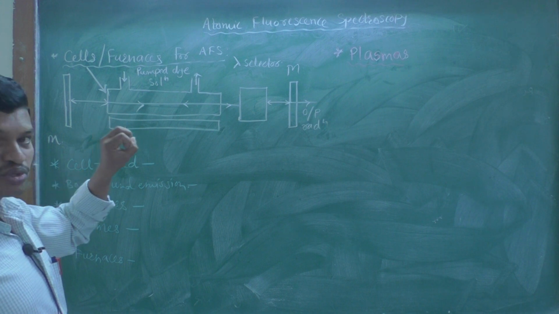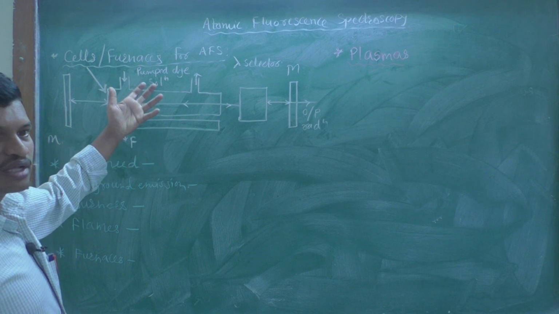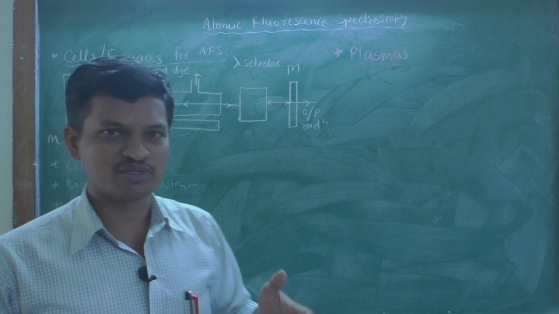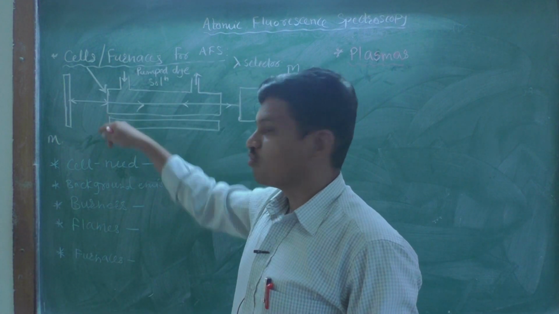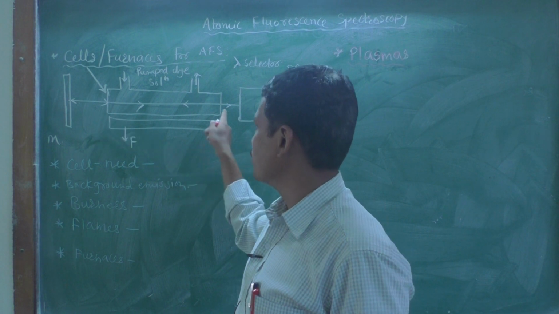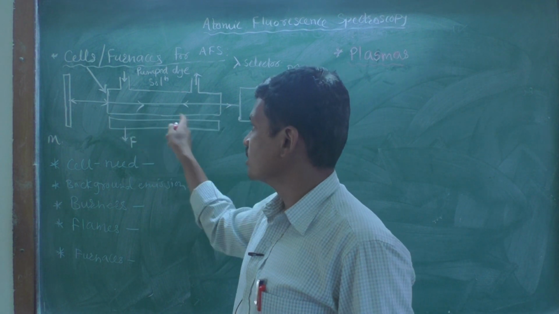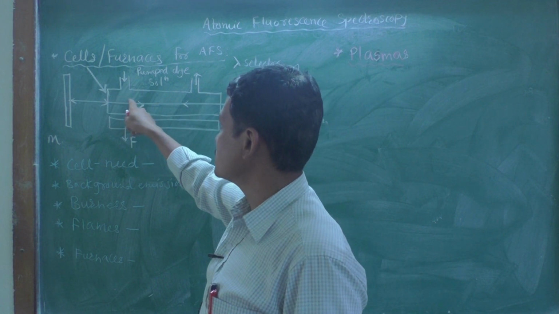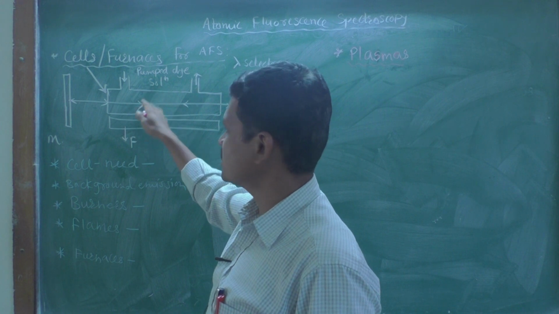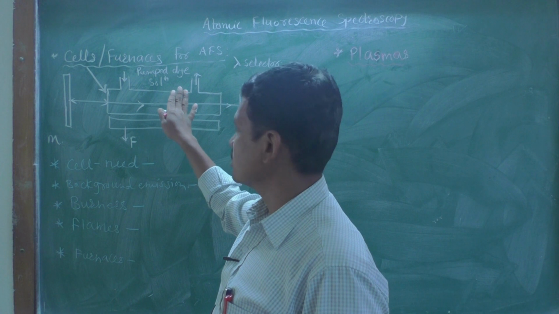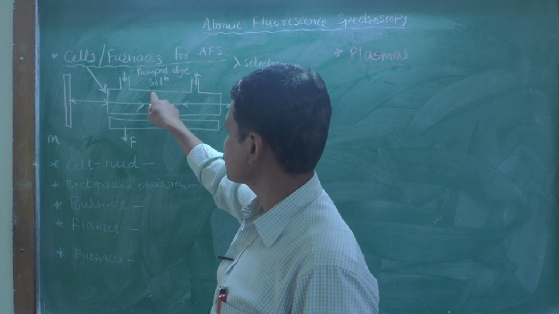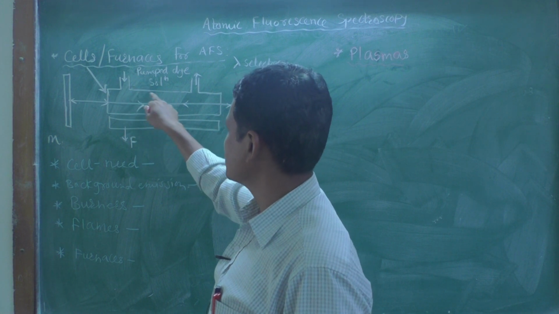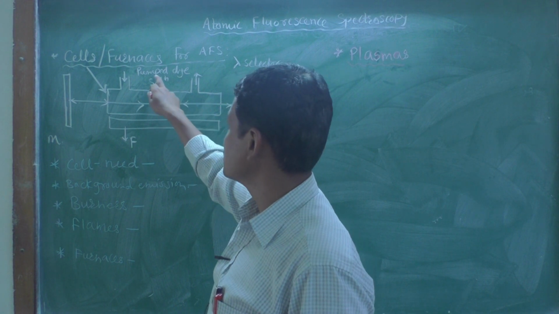So this flash lamp produces electromagnetic radiation that must be absorbed by the atoms of our sample. To hold these sample atoms for a longer time, we must have a sample holder, and that sample holder in AFS is called a cell or furnace. This is a typical diagram of AFS, in which F is the flash lamp source, and the cell or furnace is used with a pumped dye solution.